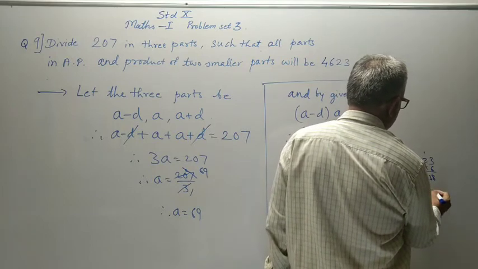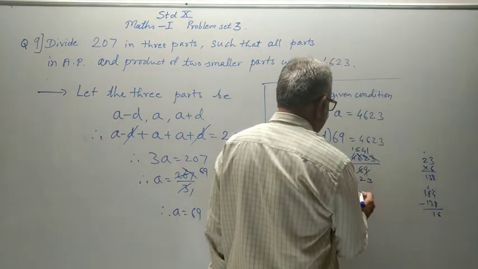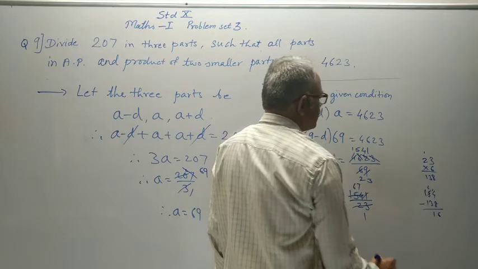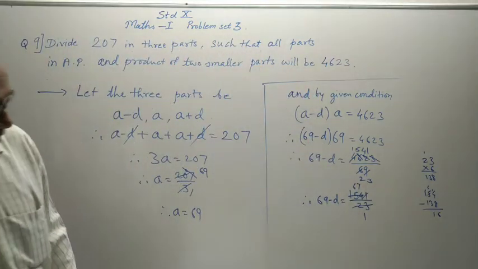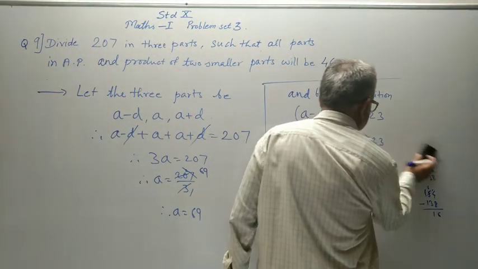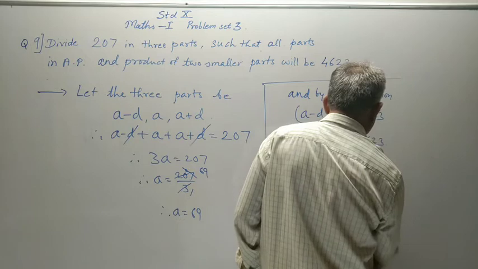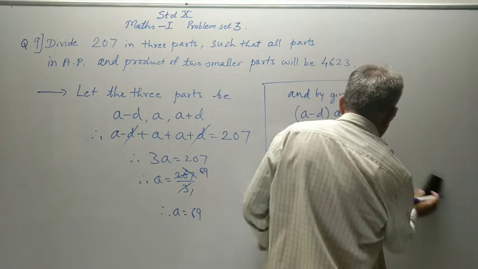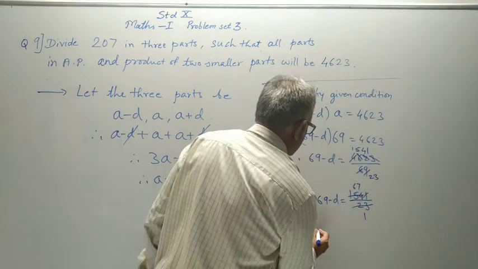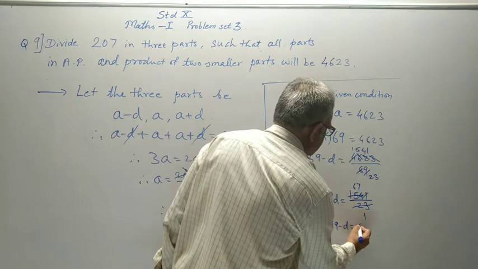This becomes 4. 16 remain. 161. 23 7s are 161. So if you know the 23 table, then only you can solve it. So what we got? 67. Therefore, 69 minus D is 67.